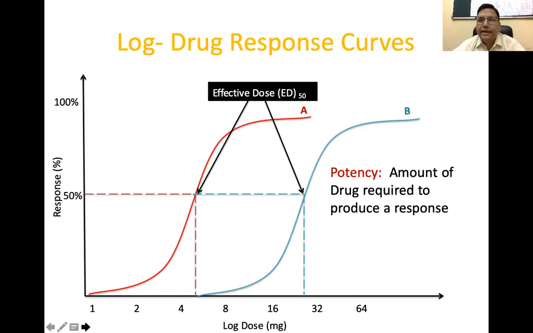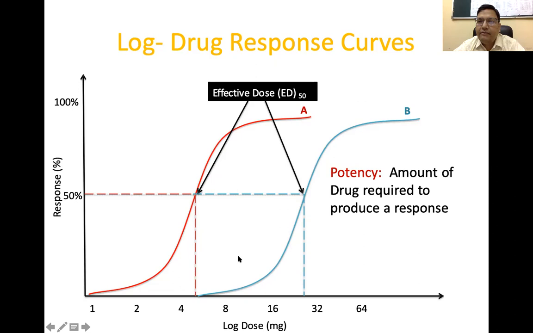Similarly, we can compare the potency of two drugs. Here, the log dose response curve for two drugs A and B has been plotted. If we see, there is a rightward shift of the dose response curve with drug B. That means for producing a similar effect, we require more amount of the drug. That means drug A is more potent than drug B. If we see the effective dose 50, ED50, a lesser dose is required for drug A, while for B, we require a higher dose.